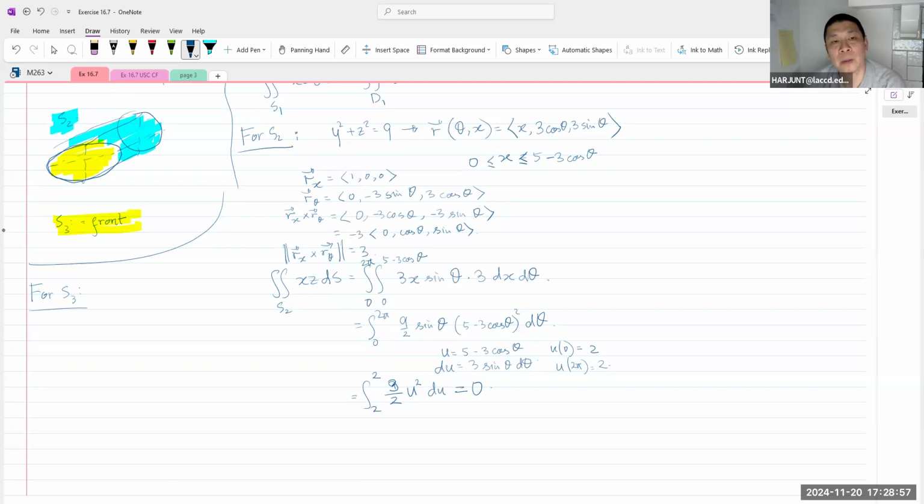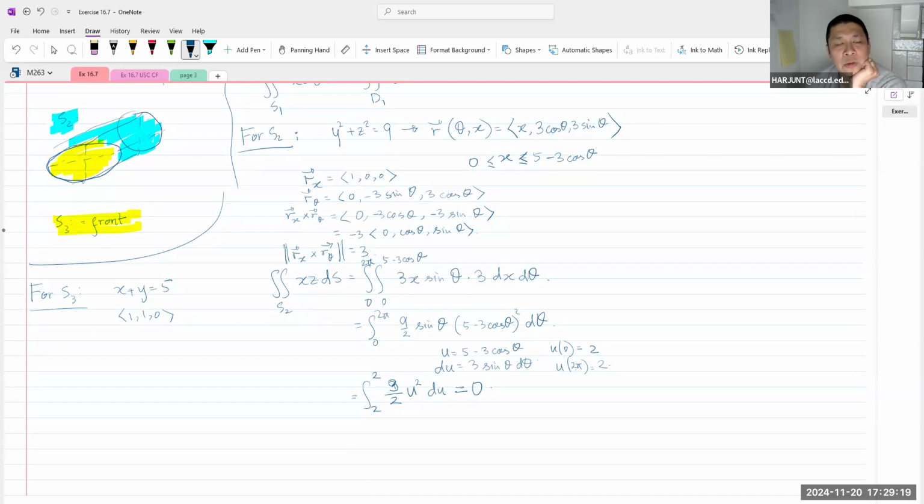For S3, we have the plane x plus y equals 5. So the vector normal to it will be (1, 1, 0), right?